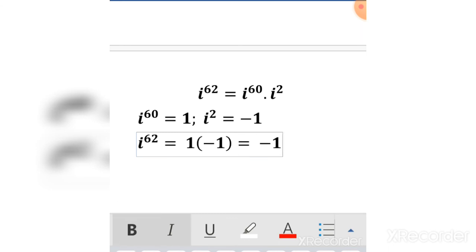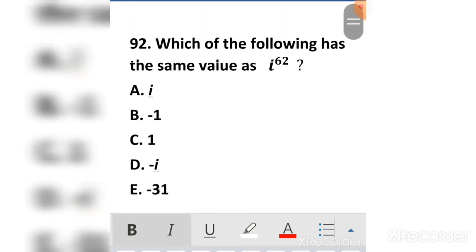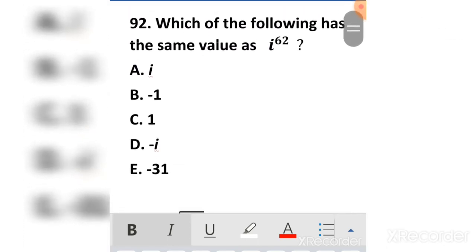So i to the power of 62 is equal to negative 1, and it's letter B in the choices. So the correct answer in problem 92 is letter B.